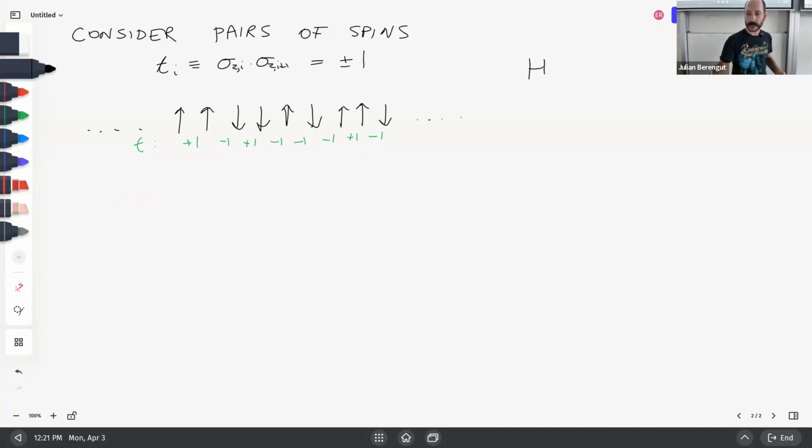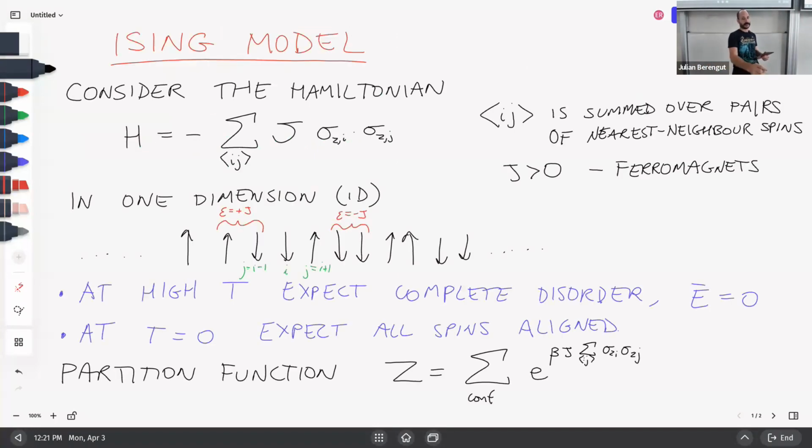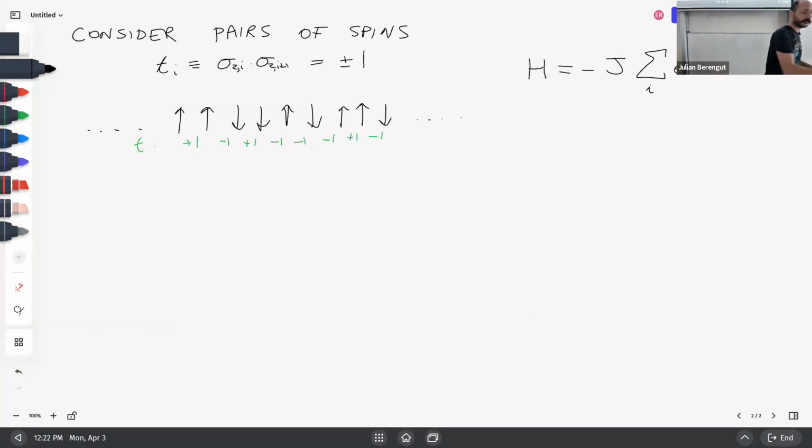My energy, H, equals minus J sum over the pairs i of Ti.